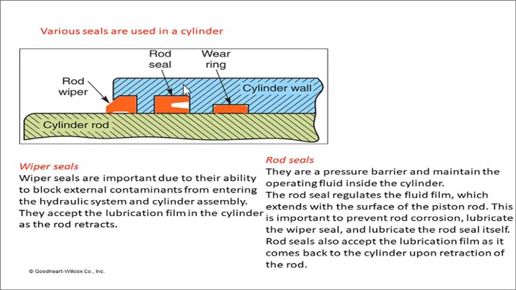The rod seal acts as a lubricating medium: it contains oil and lubricates the cylinder wall and cylinder rod, so that there is no friction between them. There are also wear rings, which make sure that the cylinder rod and cylinder wall remain coaxial during operation.